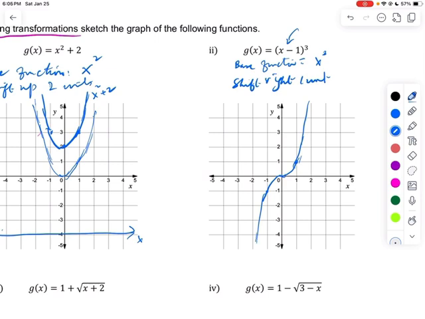It means this point will go there. This one will go there, and this will come here. So we will have something like that.